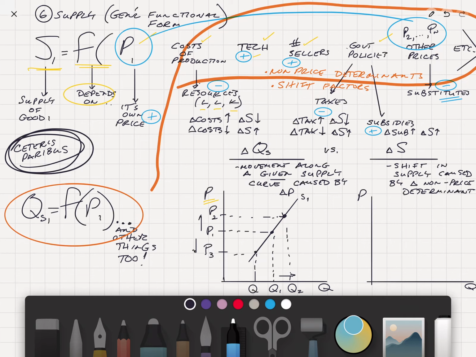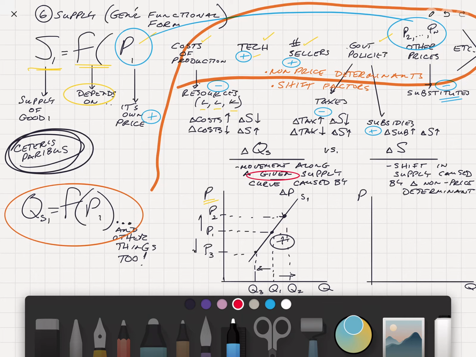We know that quantity will go down. Again, that's the law of supply. So a change in quantity supplied is nothing more than a movement along a given supply curve caused by a change in P. Given means that ceteris paribus is okay. None of our non-price determinants have changed.